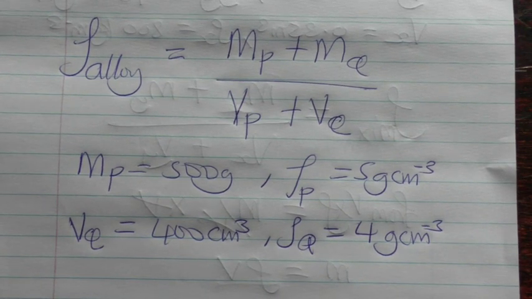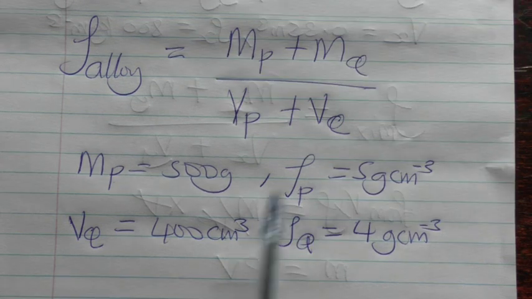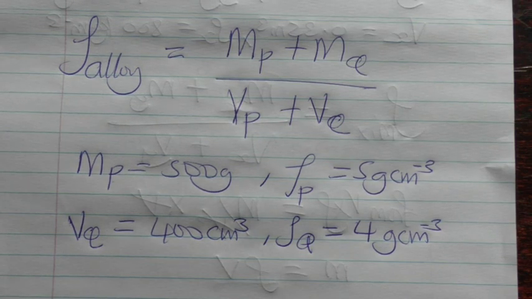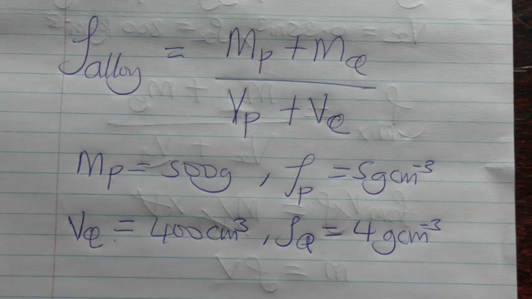You realize that for element P, we are given mass and density, while for element Q, we are given volume and density.